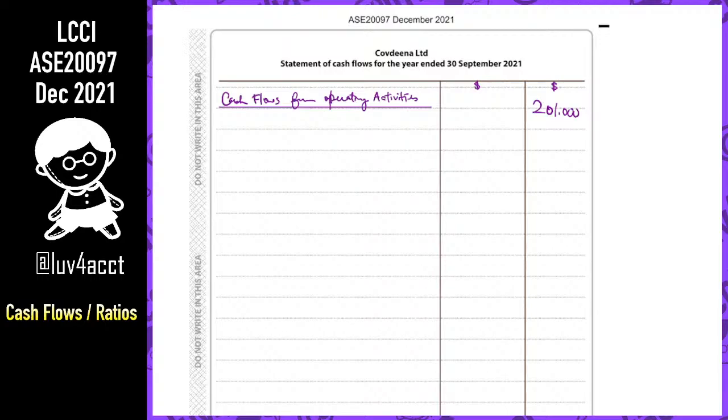Then we'll start with operating profit, or this is net profit for the year. And then depreciation charge, okay, 22,000.